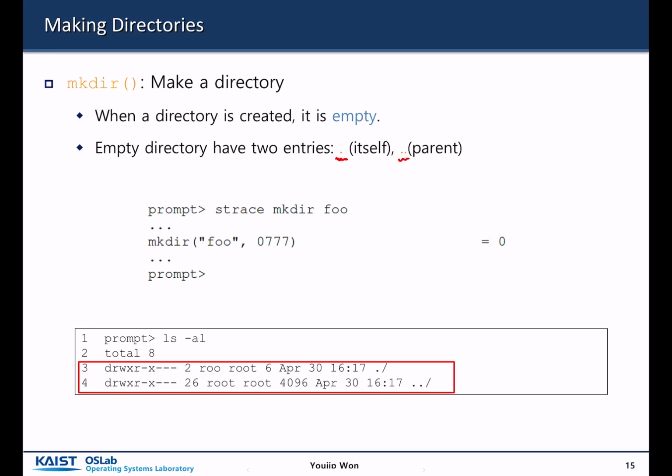So if you look at this system call trace of mkdir foo, it calls the system call mkdir under the name foo with the permission 0777. And then once it's created, if you perform ls, there are 2 entries, the current directory inode and the parent directory.